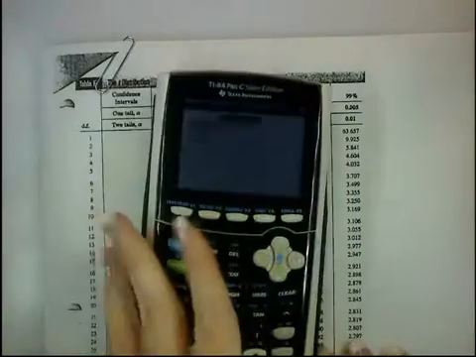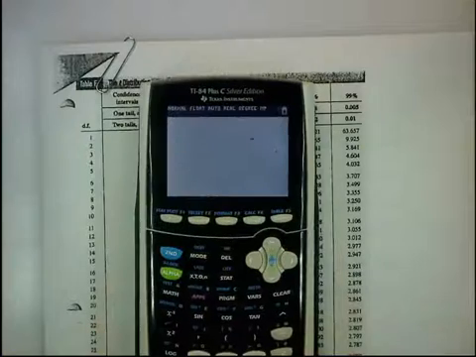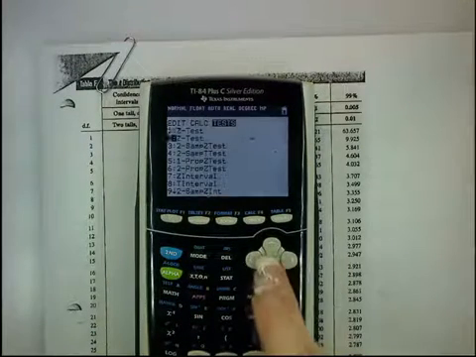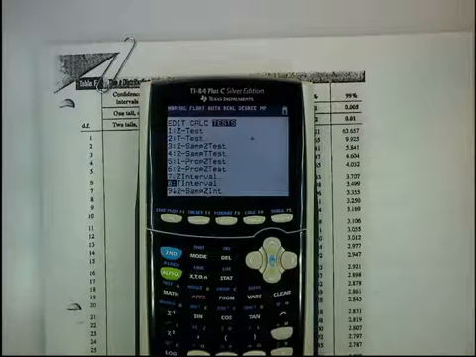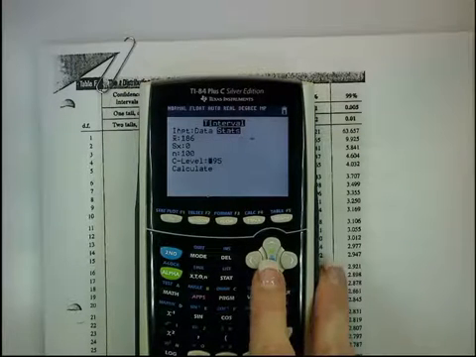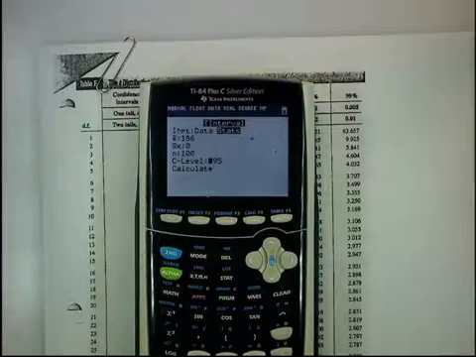Obviously, with the calculator, when you go to Stat and Test, these T-intervals will be number 8. When you press Enter, obviously here for C-level, I can put in 94% or 92%.